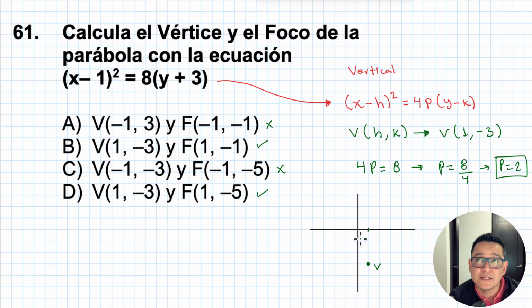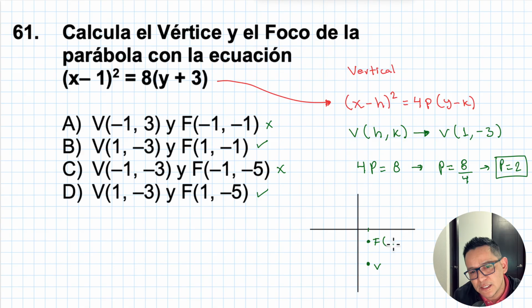Because it's a vertical parabola, which means it opens upward or downward. In this case it opens upward, because p is positive. If p had been negative, the parabola would open downward. So the focus is 2 units above the vertex, right here.